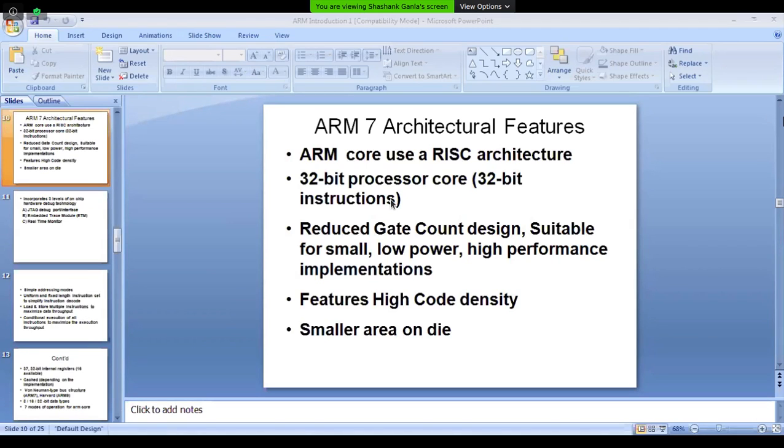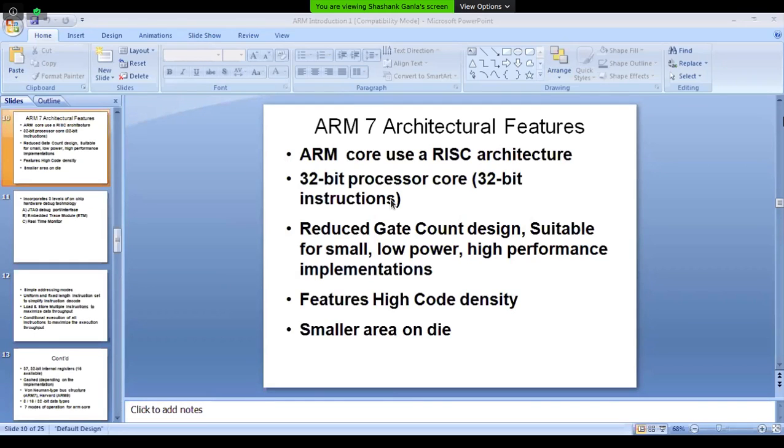So the power consumption decreases, the fan-ins and fan-outs decrease, and the propagation delay is also reduced. Hence the ARM architecture is suitable for small, low power, high performance implementations.